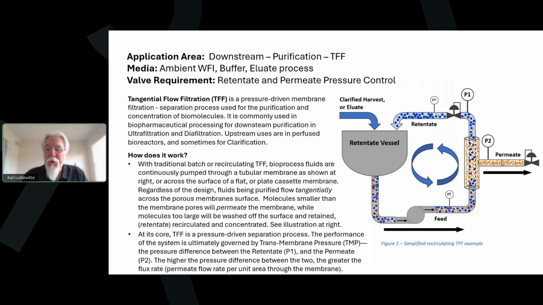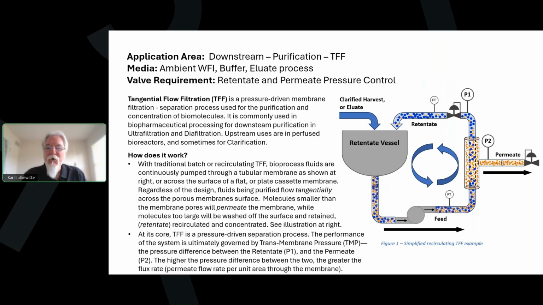But all of them are TFF, and the flow flows tangentially across the surface of the membrane. TFF membranes are sometimes called cross-flow filters or cross-flow membranes, but they all reflect the fact that the flow is flowing tangentially across the surface of the membrane. They all work the same.